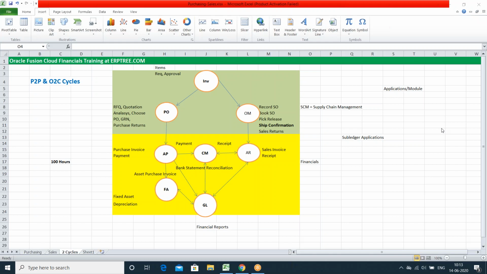SCM would be a little less, maybe 80 to 90. Last batch I think we had 80 plus hours, around 80 hours. Because it has far fewer applications, the number of hours is right compared to that.